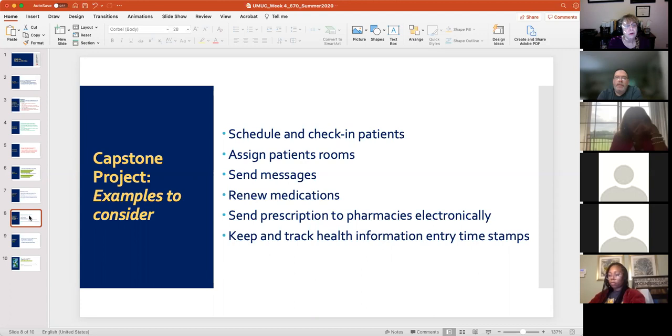Not patient portals anymore, but an app, sending messages via encrypted text messages, okay? Renewing medication, CPOE, which is sending prescriptions to pharmacies electronically, and that now in the past few years has expanded to sending orders to imaging.